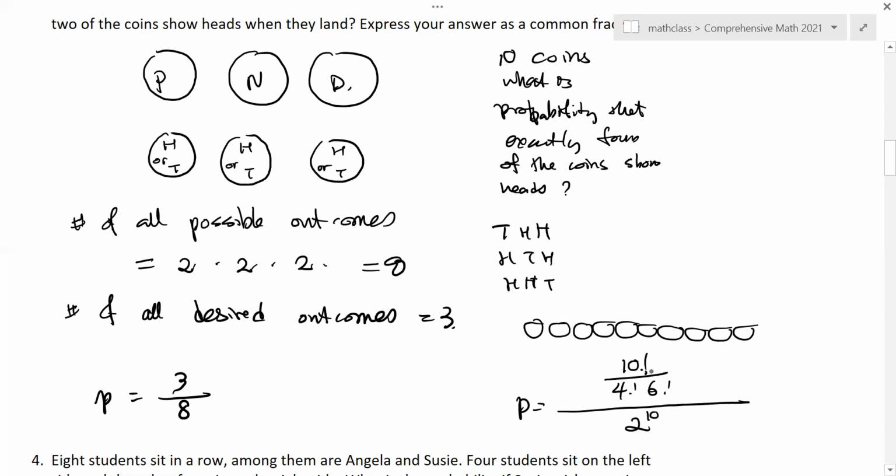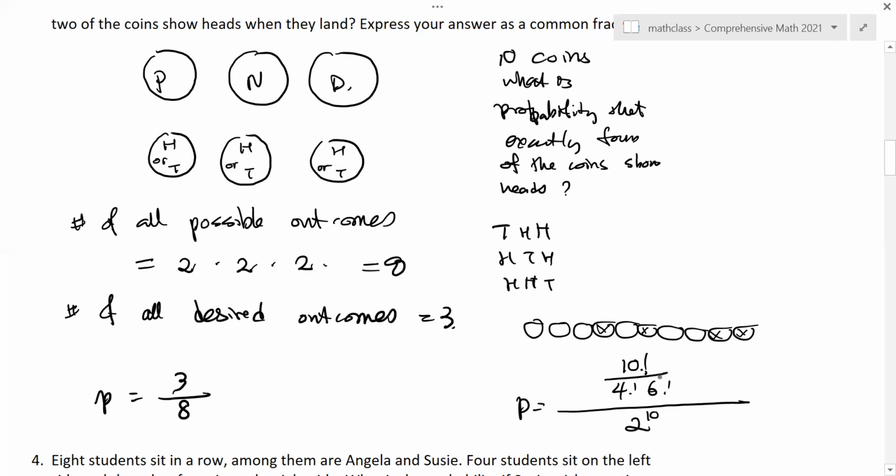Think about it. You have 10 students in a row, and you select the 4th one, the 6th one, the last one, the 9th one. Those are the heads. So how many committees can you get? The order doesn't matter. There's a formula to count them.